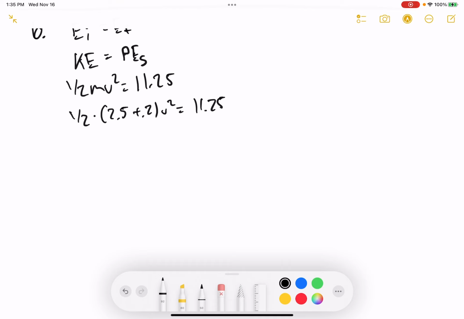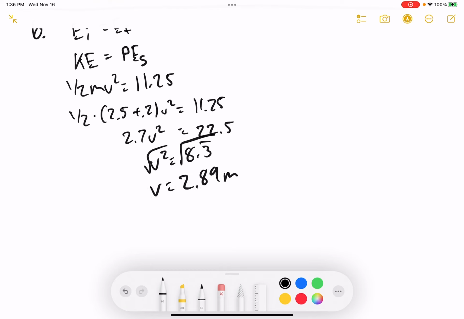I'll multiply both sides by 2, so I get 22.5 equals 2.7 v squared. Go ahead and divide by 2.7. So v squared equals 8.3 repeating, and then I'll take the square root of both sides. So v equals 2.89 meters per second. Okay, not too bad so far.